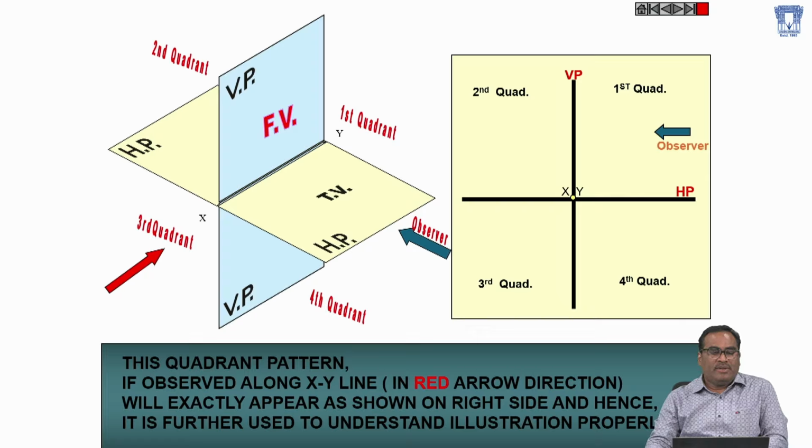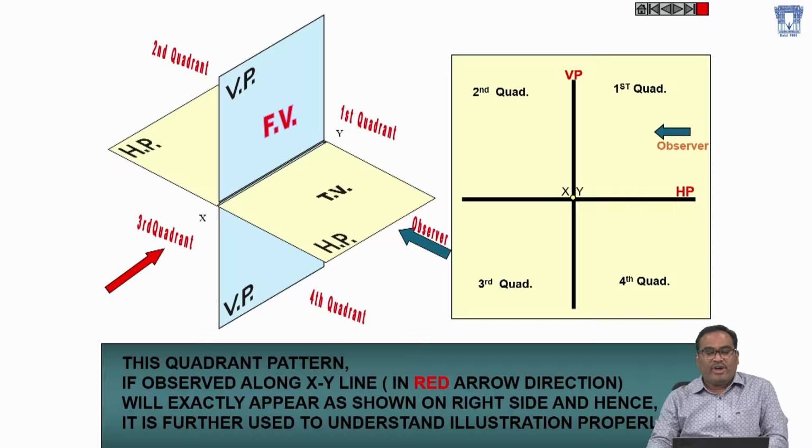If you extend the floor and wall like this, then in space it will form four quadrants: first quadrant, second quadrant, third quadrant and fourth quadrant.